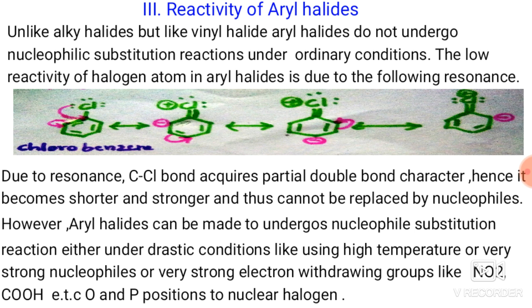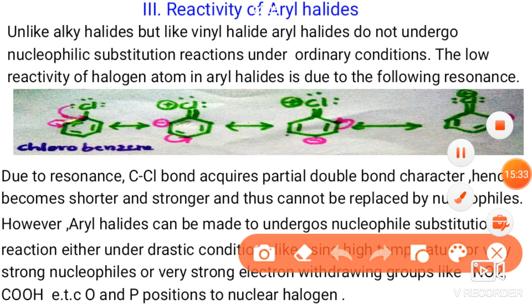Here the negative charge shifts from ortho to para to ortho. Due to this resonance, the carbon-chlorine bond acquires partial double bond character. Hence, it becomes shorter and stronger, and this cannot be replaced by nucleophiles.